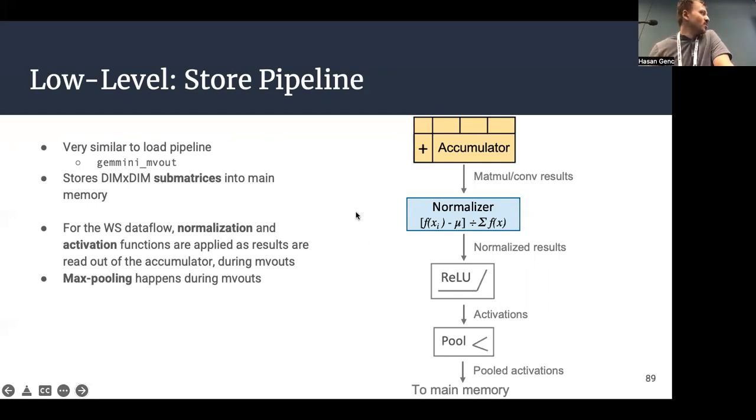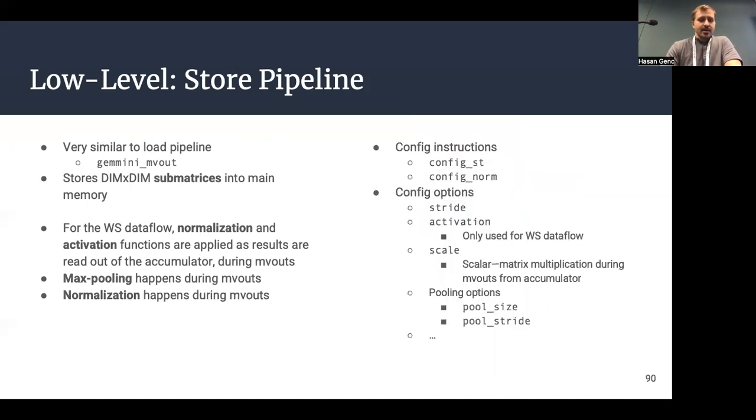So this is where normalization, activation functions, pooling, and things of that nature happen. So the idea is that you store your partial sums, accumulate them inside your accumulator, and then perform these kinds of activation functions as they're passing into main memory afterwards. Okay, and again, you get to pick activation functions, scalar values to multiply your matrices by as they're moving into main memory, etc.